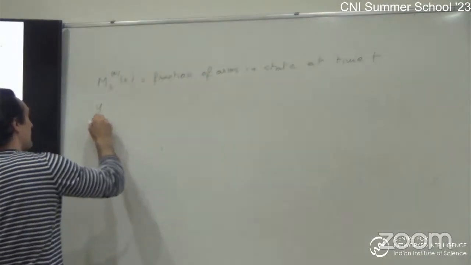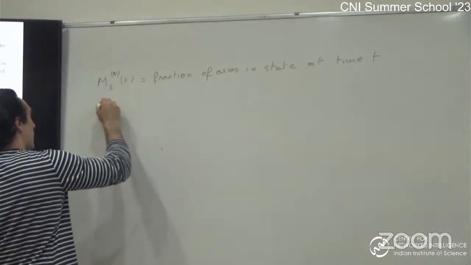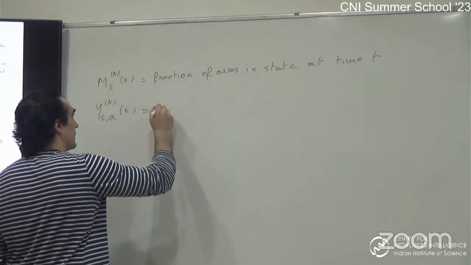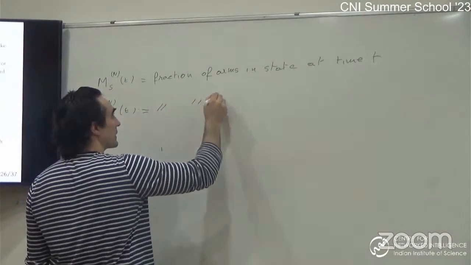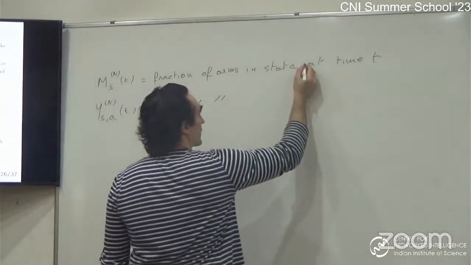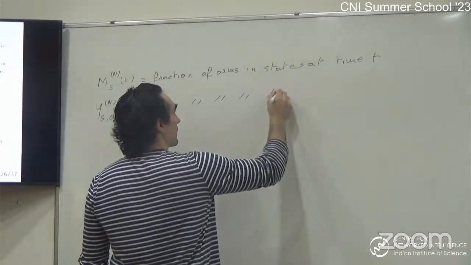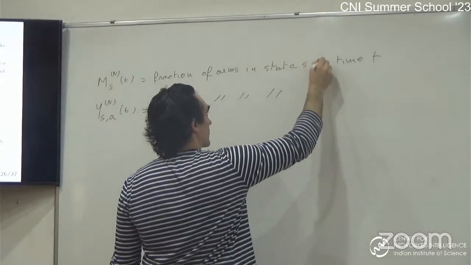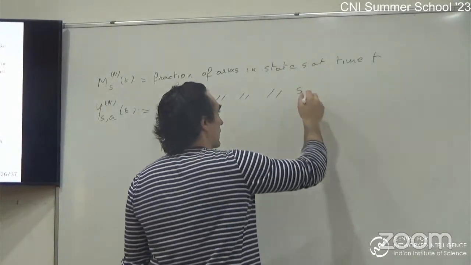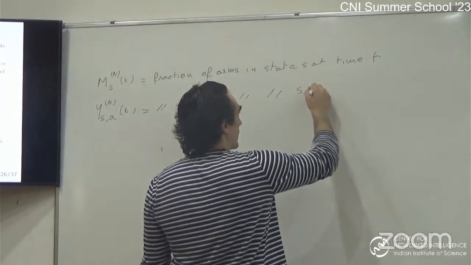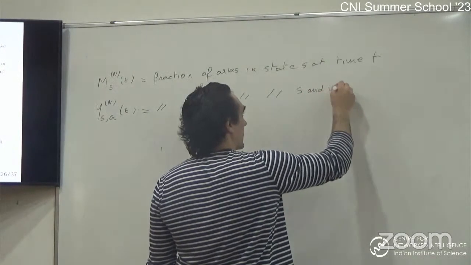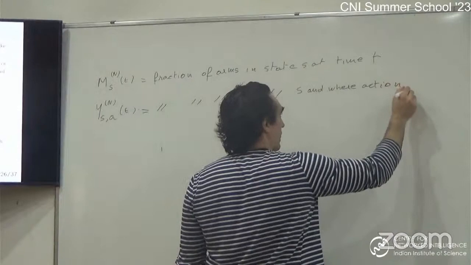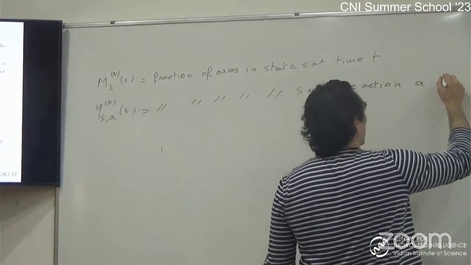Then Y_{s,a}^n(t) is a fraction of arms, sorry, in state s, and where the action a has been selected.